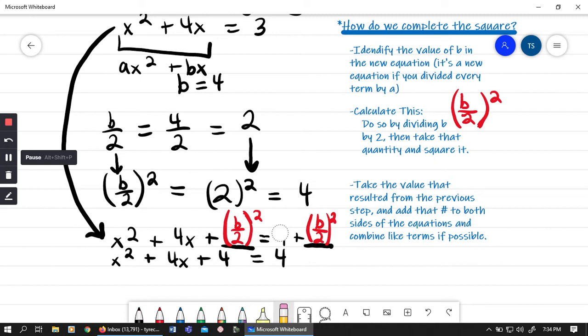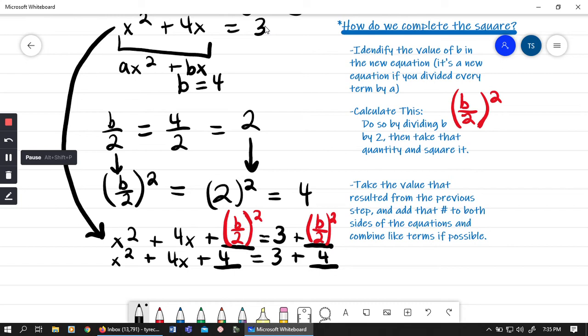That number from our new equation was a 3. That new equation was x squared plus 4x, which is what we had there, and it was equal to 3. And what we're adding to both sides is this number 4.